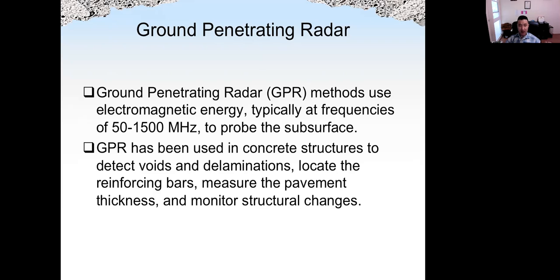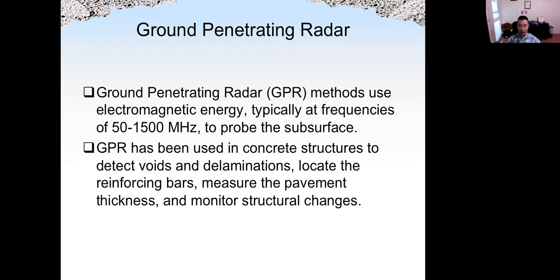Again, depending on the frequency, the penetration depth may also be limited. For example, if the frequency is 1 gigahertz, the penetration is around 40 centimeters. So if we increase the frequency, we can increase the resolution and accuracy, but reduce the penetration.